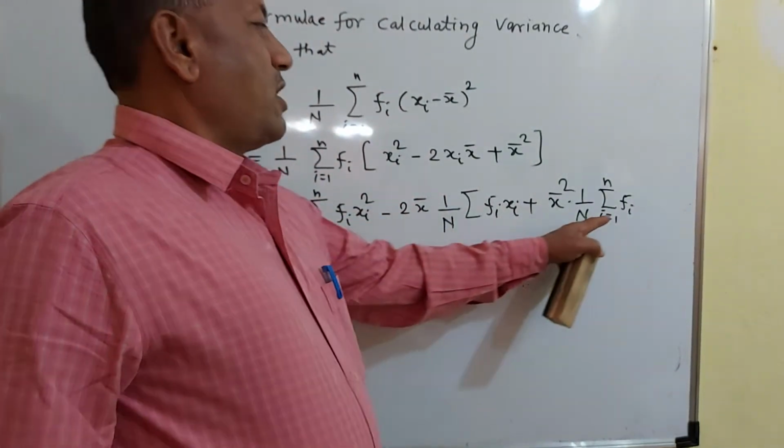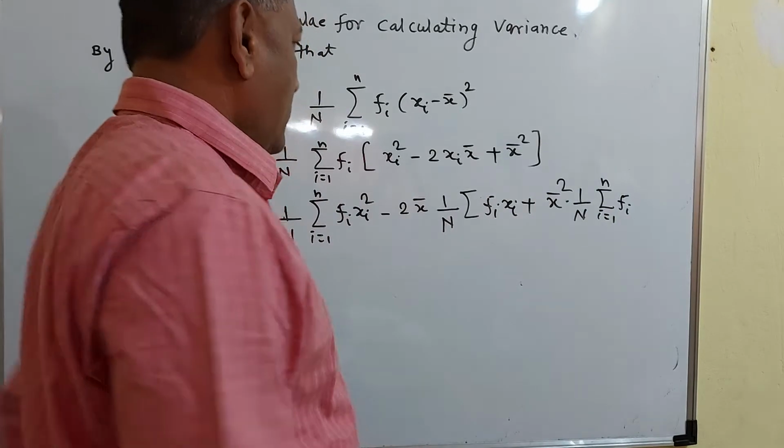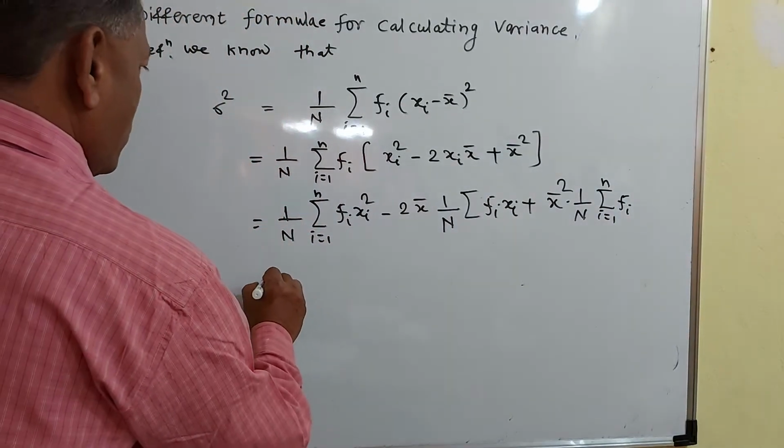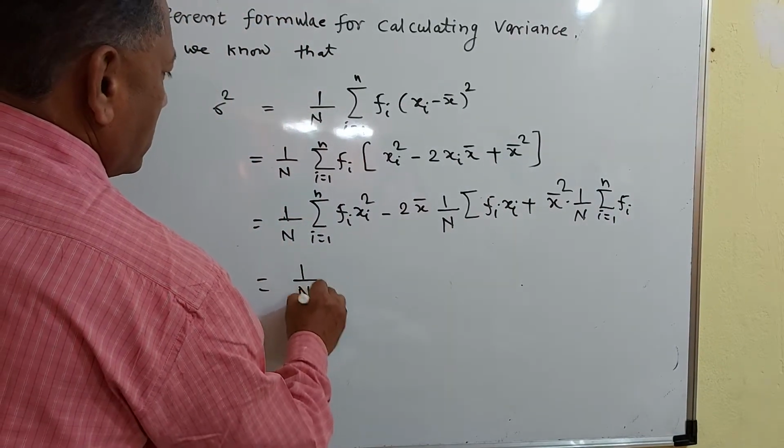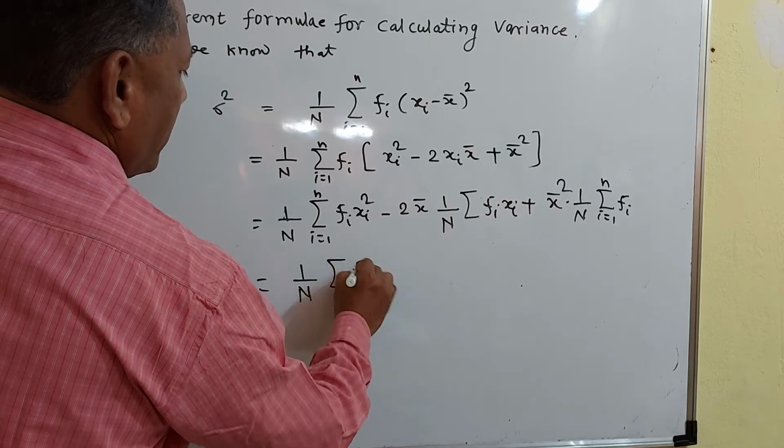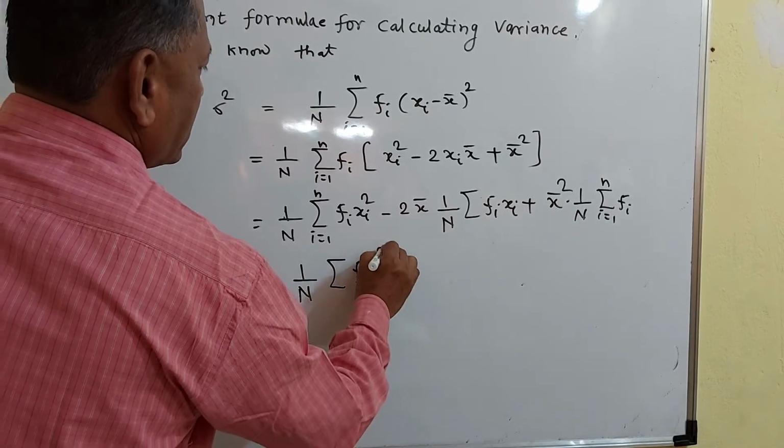So you know that the sum of all frequencies, summation of fi, is capital N. So it is equal to 1 upon n summation of fi into xi square.